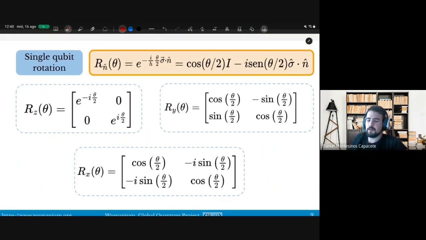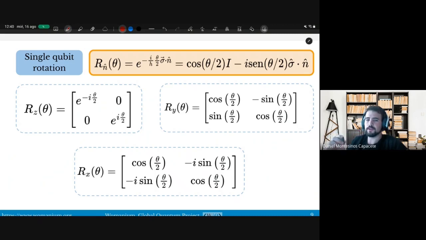These are quite important gates because they rotate. Remember the Bloch sphere we were discussing the other day? When you perform this type of operation, you are moving the angles on the Bloch sphere.